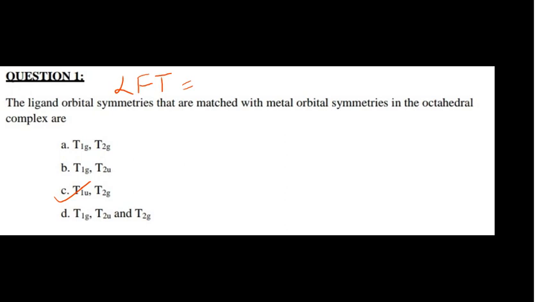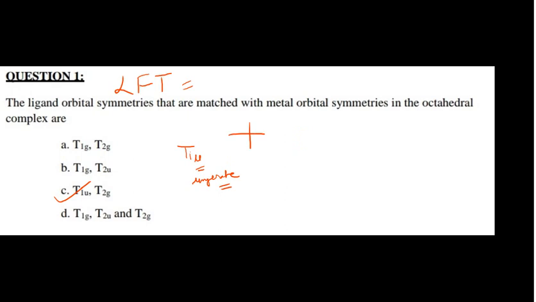What it means is, when I say T1u, u stands for ungerade, so orbitals which do not have a center of symmetry. Which orbitals will not have a center of symmetry? Obviously your Px, Py and Pz. Okay, wait, what I can do is delete them all.